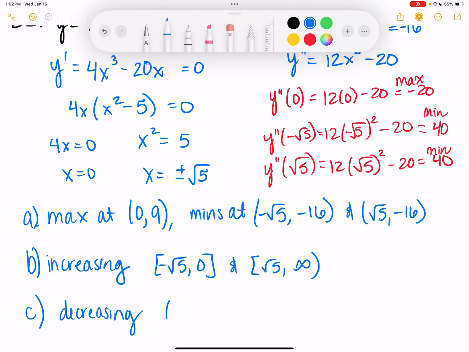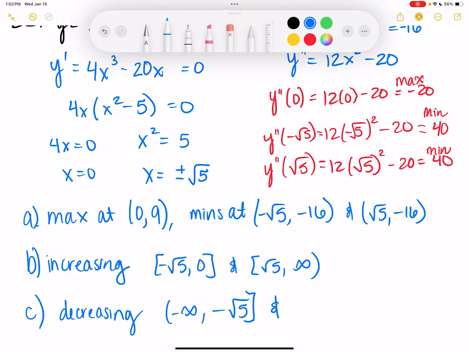And you got the other one. You need practice with this too. Hold on, let me think. So on the left side of your mins, it's decreasing, or the right side of your max. So like 0 to infinity?